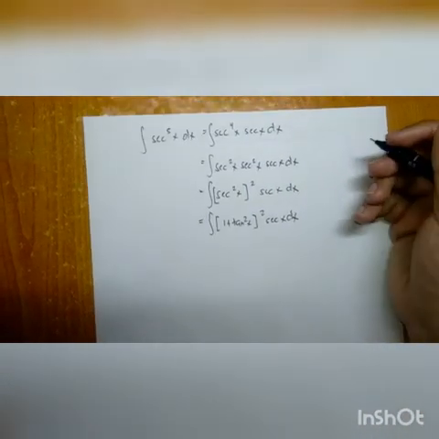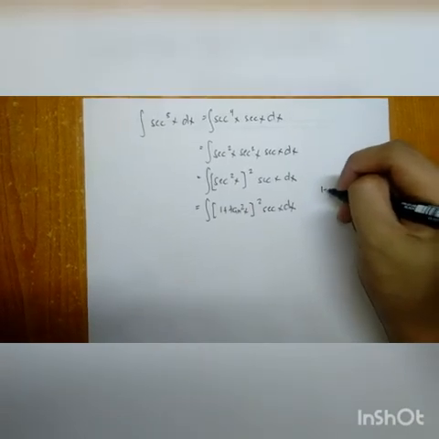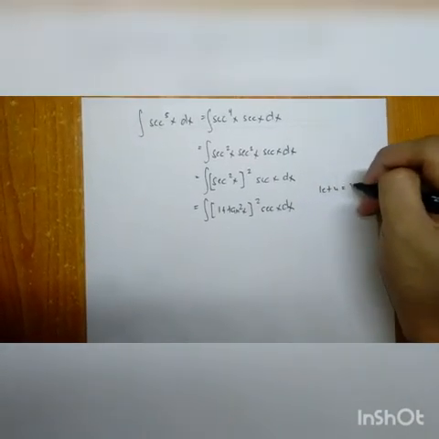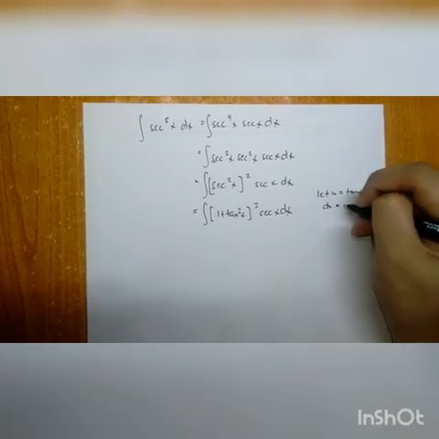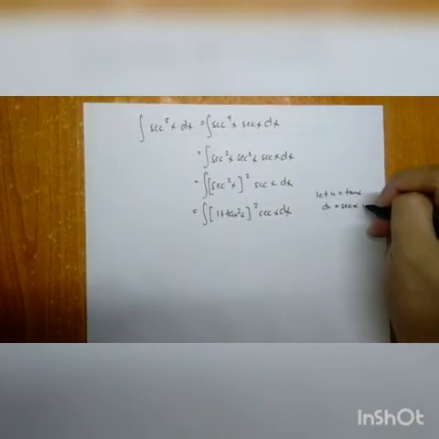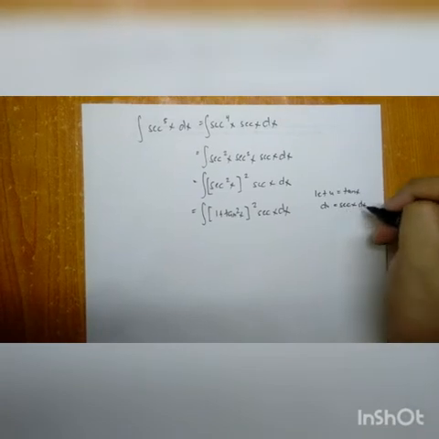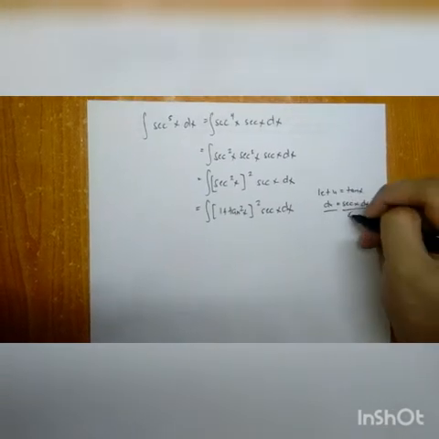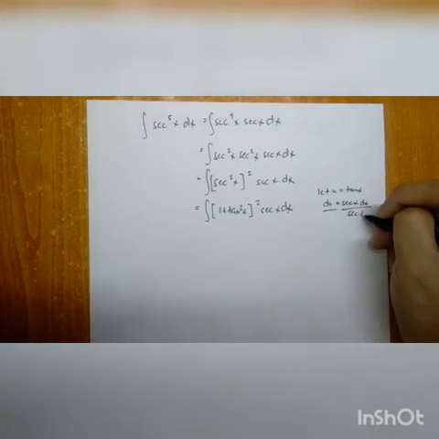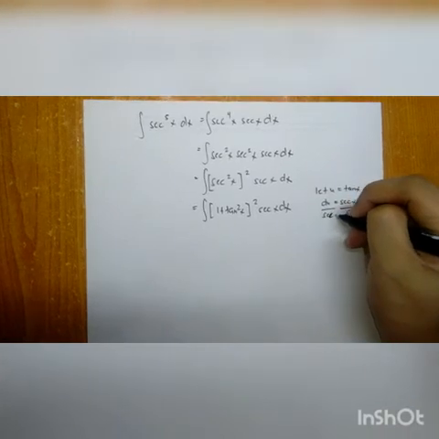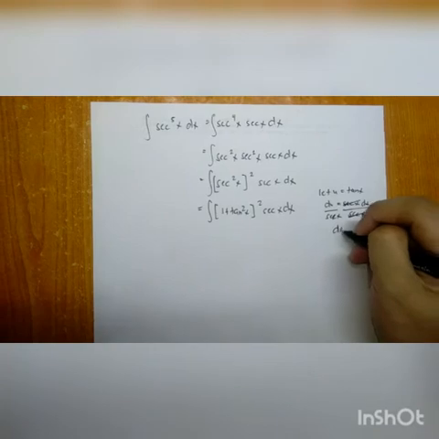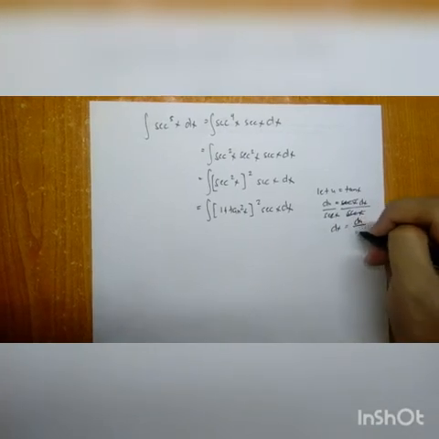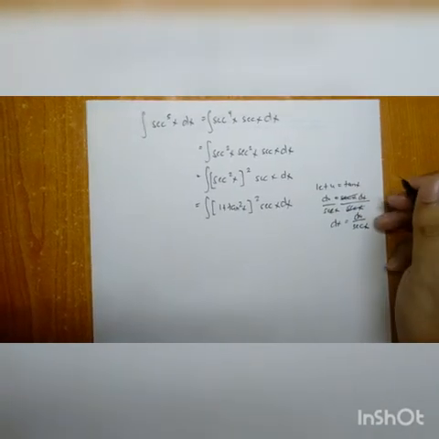Now, we will use the u substitution. We will let u be equal to tangent x and du is equal to secant squared x dx. To get dx, we will divide both sides by secant x. Cancel. dx is equal to du over secant x.